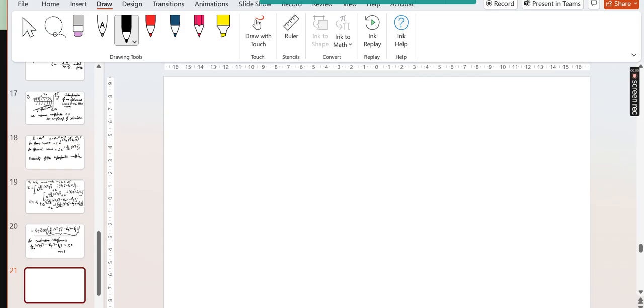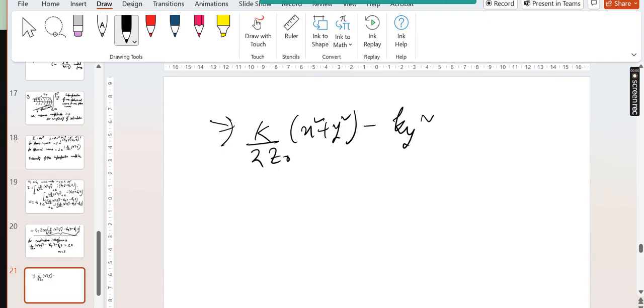Then the only remaining term is k by 2z naught x square plus y square minus k y y is equal to 2 pi. So these are basically constants.